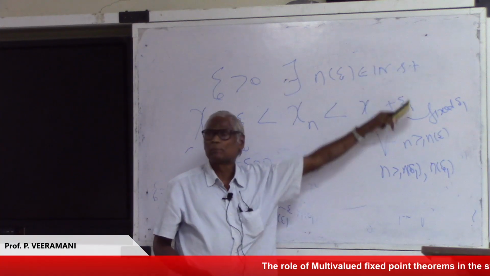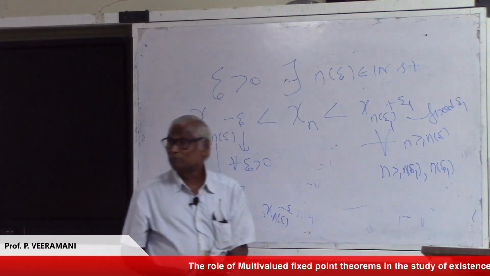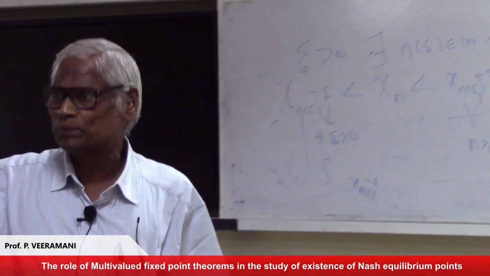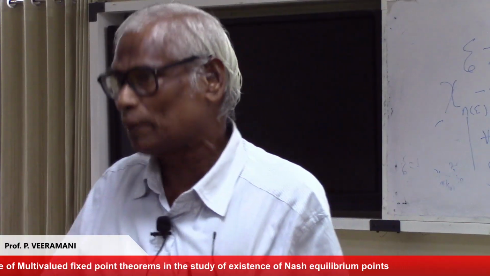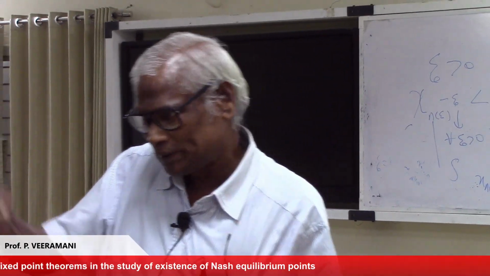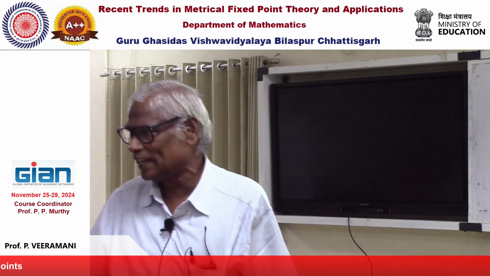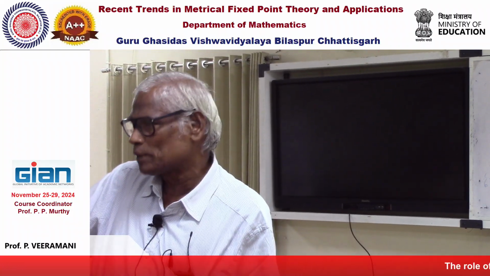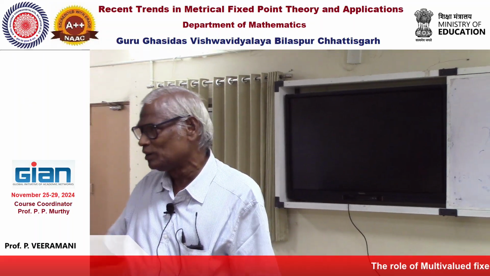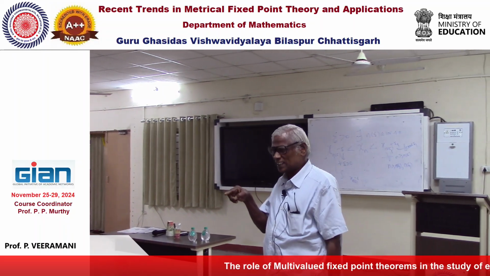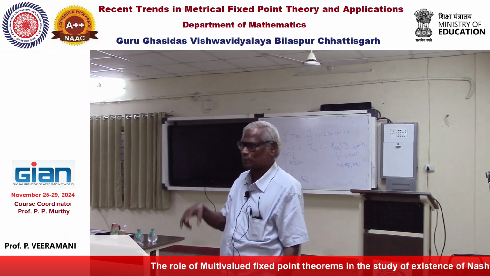That is why this is an upper bound. In fact, for each epsilon, x n of epsilon plus epsilon is an upper bound for capital S. If we take epsilon as 1 by 10, then x n of 1 by 10 plus 1 by 10 is an upper bound; for epsilon 1 by million, x n of 1 by million plus 1 by million is also an upper bound. So every x suffix n of epsilon plus epsilon is an upper bound.